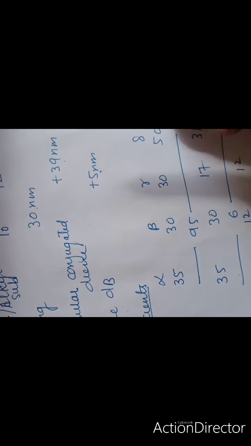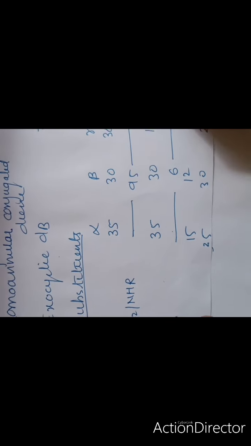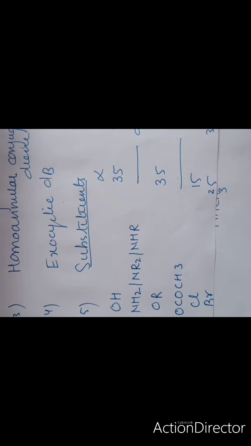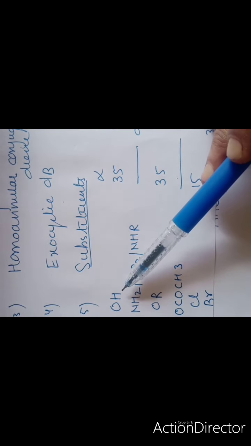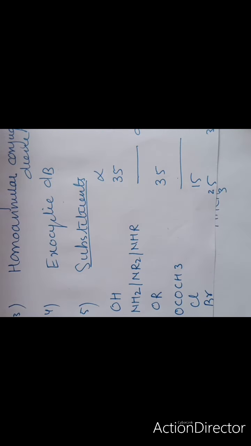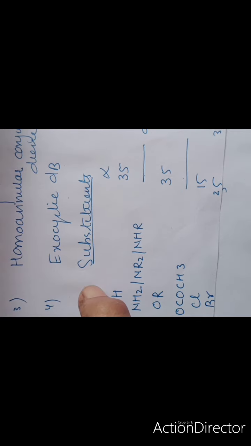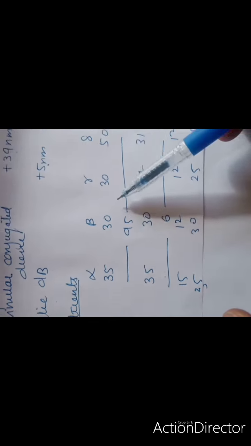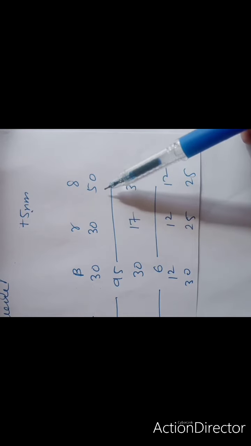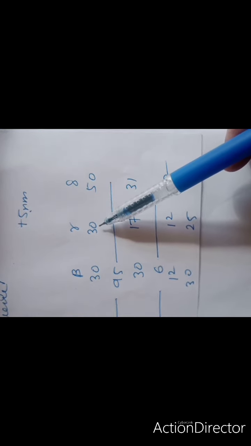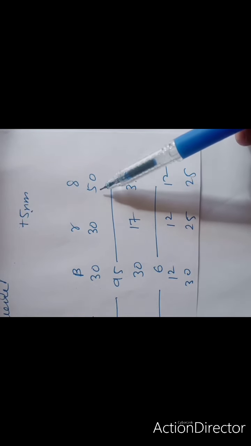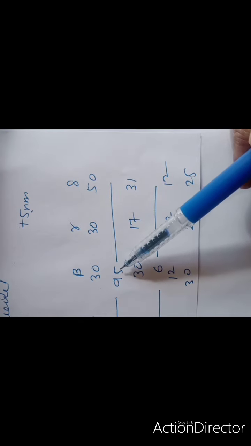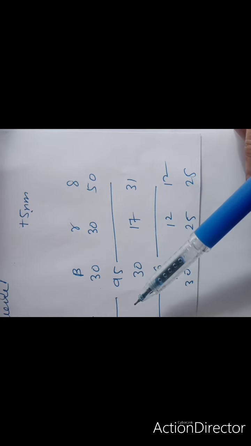Besides that, if there are substituents or auxochrome groups, accordingly you will be putting the value. For example, OH, if it is at alpha position, you will be adding 35. If it is at beta position, you will be adding 30, and gamma is 30 and delta is 50. For amines, you will be taking the value 95.